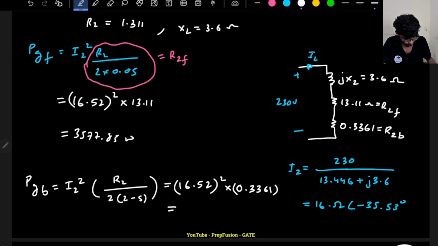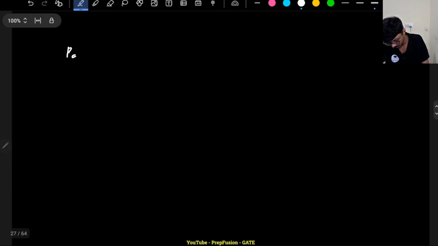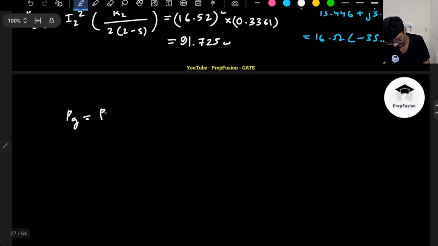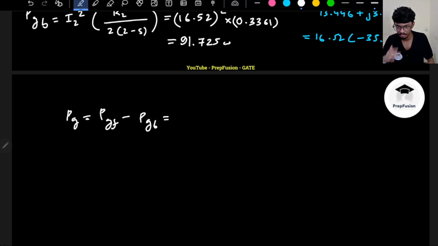So 16.52 whole square into 0.3361 comes out to be 91.725 watts, which is very less. So overall my net air gap power will be PGF minus the PGB, because of course the other air gap power will be opposing in nature.